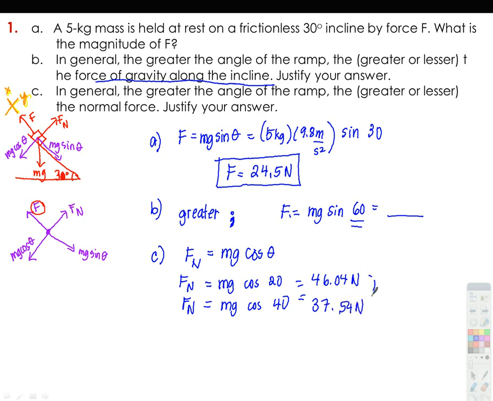So you will see what happened when you increase the angle, your normal force is decreasing or getting lesser. Decreasing. Oops. I don't know why it's not writing down. Okay, well, it's decreasing or getting less.